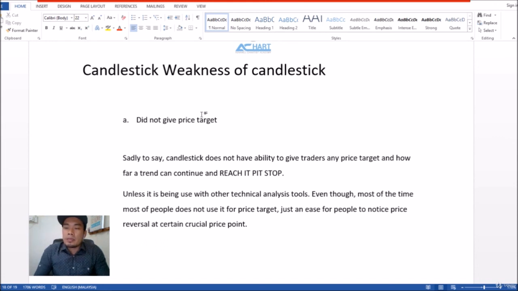So in terms of long-term prediction, candlestick cannot provide you the answer. You have to learn Fibonacci, for example, in order to accurately predict the price target. And one more thing about Fibonacci: you have to use it correctly. If you do not use it correctly, you will get inaccurate results, and we don't want that.